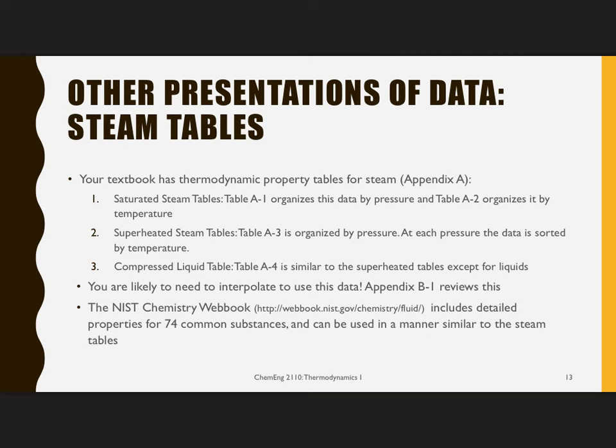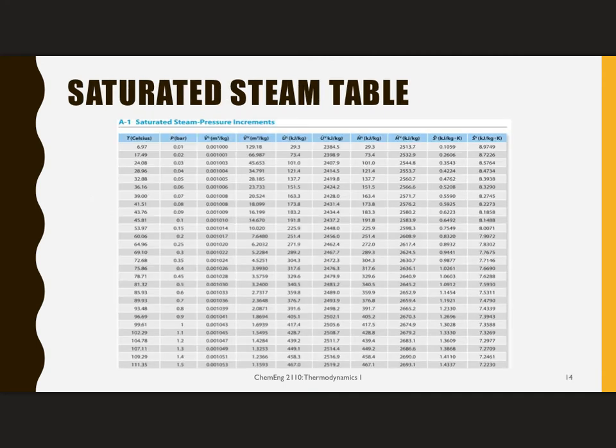So let's briefly look at the tables. This is the saturated steam table, so notice that the pressures are lined up in order, right? So as you go through these, they're all lined up as increasing pressure. The temperature is also increasing, but they're not clean, pretty entries, right? So if you happen to have a temperature of 43.76, this would be a useful line, but otherwise a pressure is more likely to be something that you might fix and hold at one of these values.